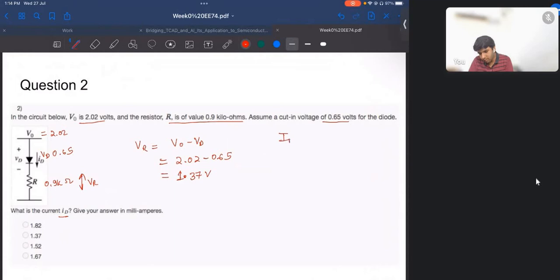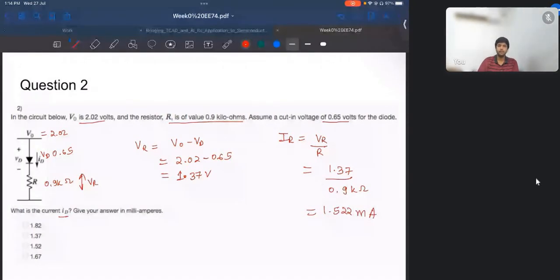Now IR equals VR by R, 1.37 by 0.9 kilo ohm, equals 1.522 milliamperes. This is the answer. Alright, so we'll go to the next question.